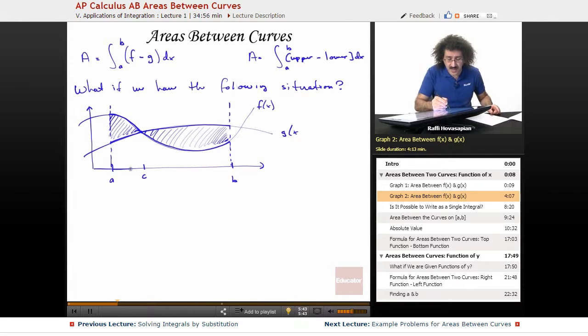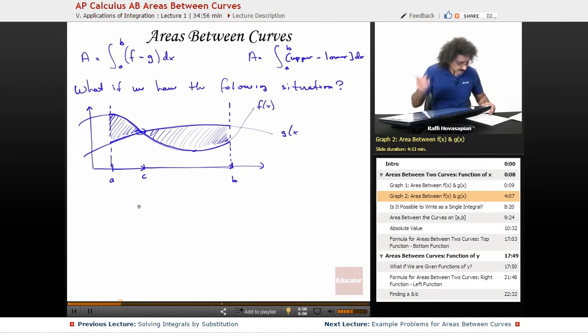You integrate from a to c of f minus g, and then from c to b of g minus f. You just add the integrals together. You have to find where they meet to find that x value. And how do you do that? You set the two functions equal to each other and solve for x.